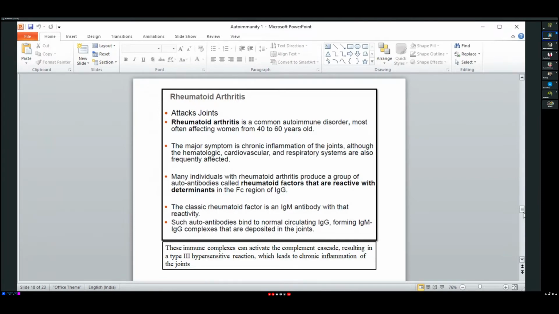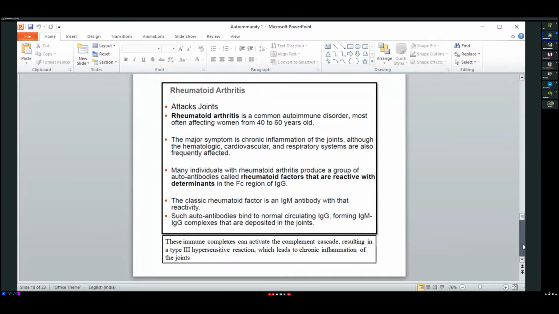Again, I want to make one point very clear, students: please keep in mind that these are all related with each other. Whenever you are studying, please study hypersensitivity very diligently, and the complement pathway, I should say. If you do not go through those areas diligently, you will never be able to understand autoimmunity and all these parts.